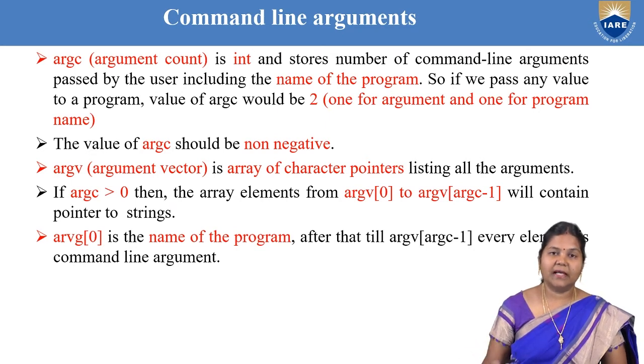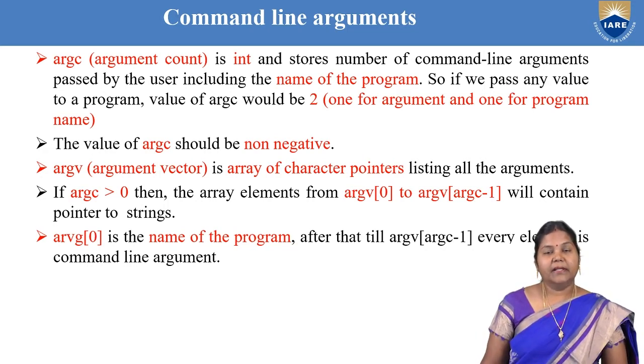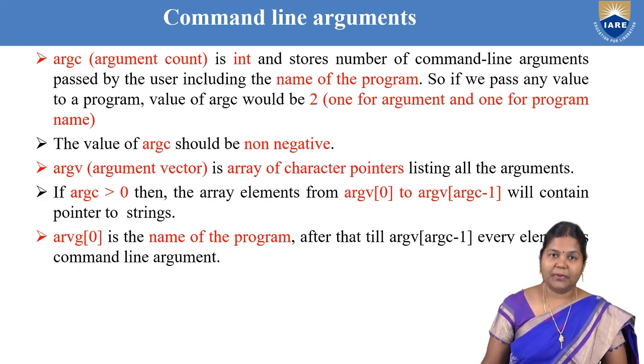So, if you have passed n number of arguments, then it starts from rb of 0 to rb of rc minus 1. The argument vector contains a pointer to those argument strings. Now, rb of 0 is always the name of the program, and after that, every remaining element is nothing but the actual argument which you have passed.